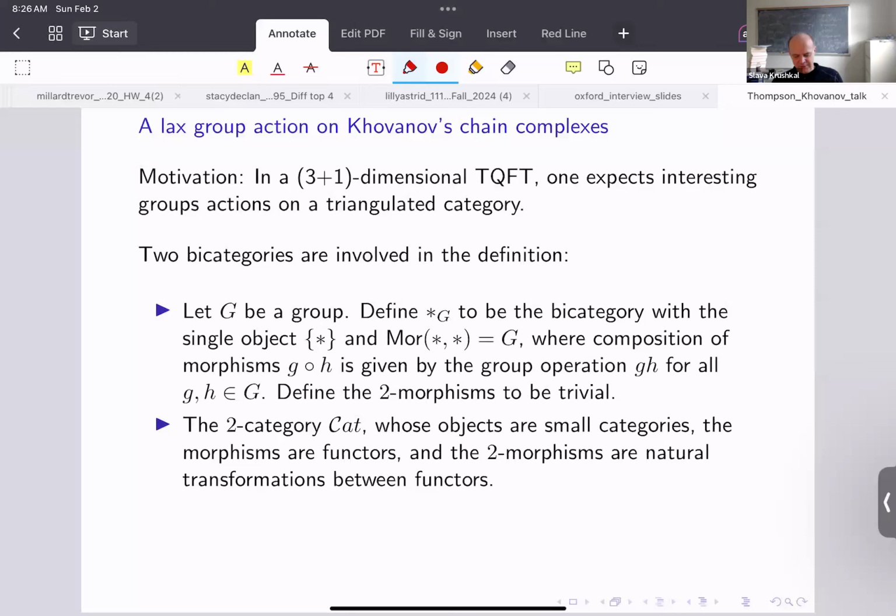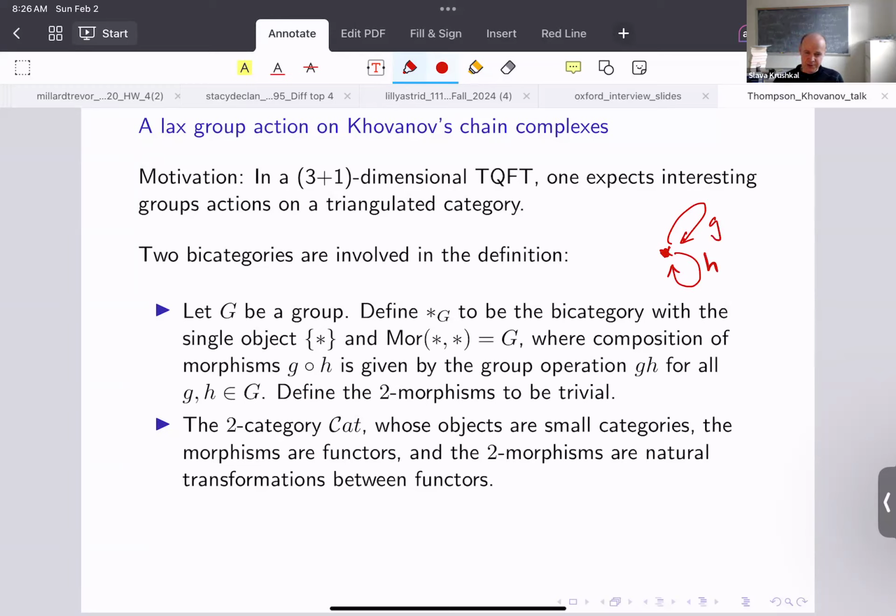To make this precise, if you start with a group, you can define this bicategory where there's a single object, which you can think of as just a star, and then there's a morphism for every element of the group. You can think of them as acting like this.